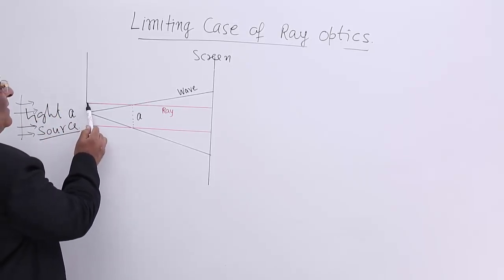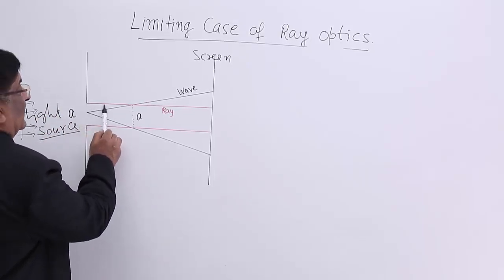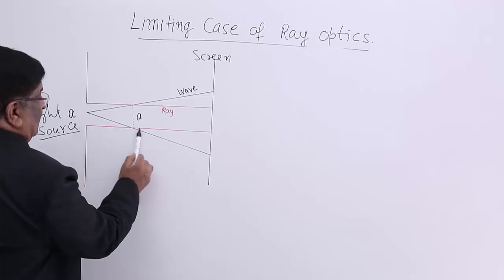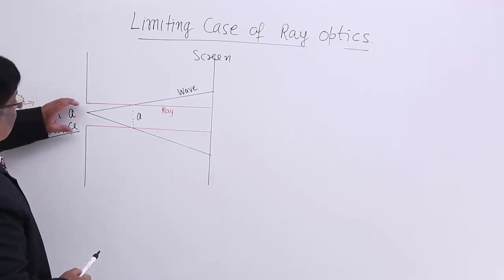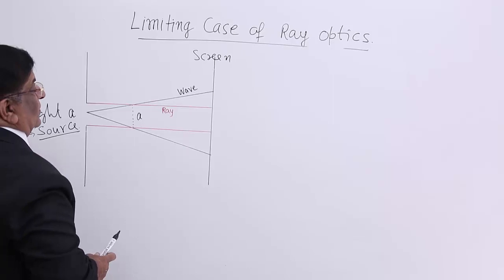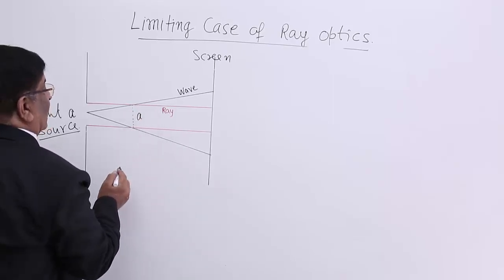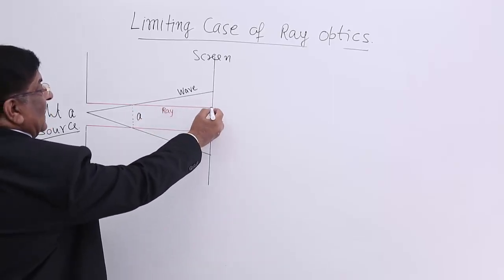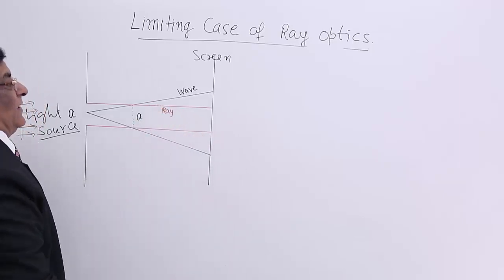So, I make two rays, one in this direction, other in this direction, because the light is in this direction. So, according to ray optics, this is the image anywhere I want to find out.